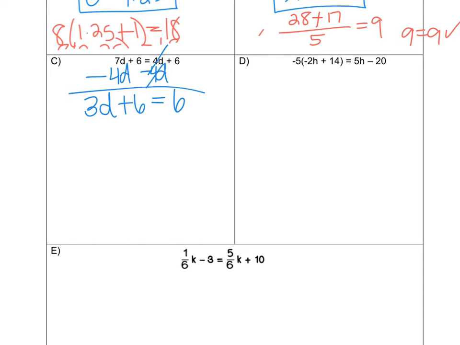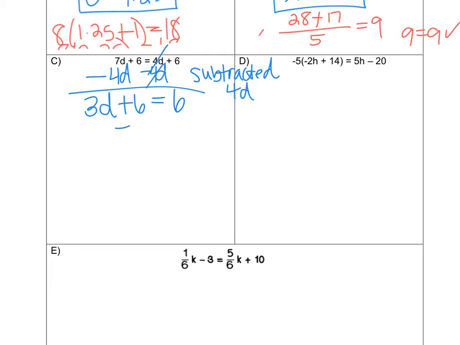All of my d's are combined on the left side. So since I got my variable on the left side, I need to get it by itself now, and so I want to get rid of this positive 6 and move it over to the right side. And let's go ahead and write out that step so we don't forget it. So I subtracted 4d.